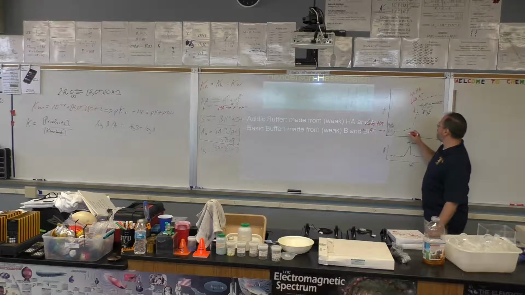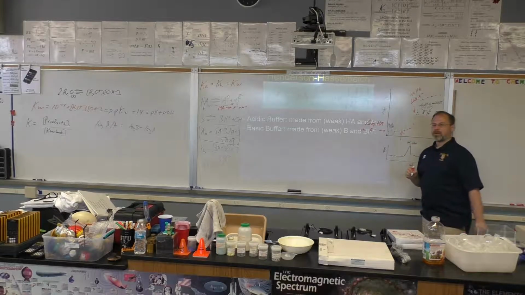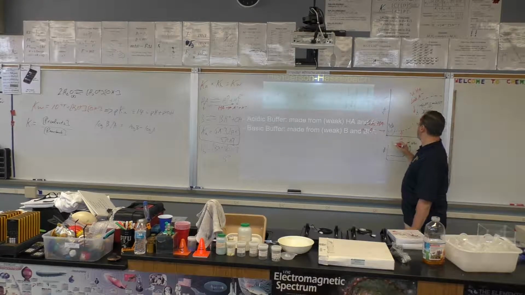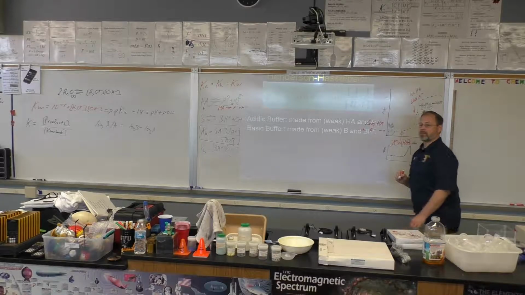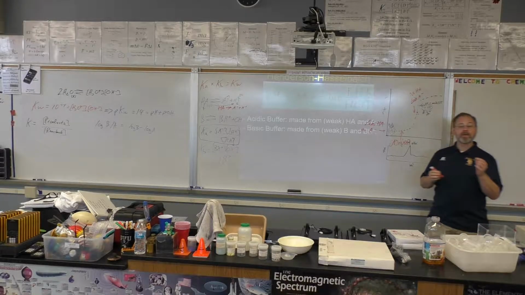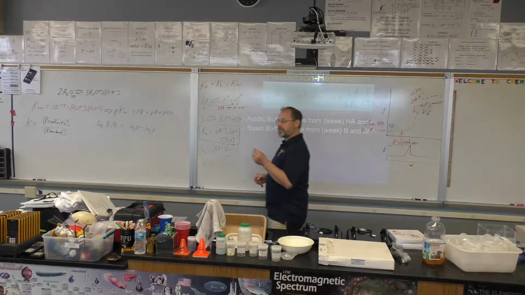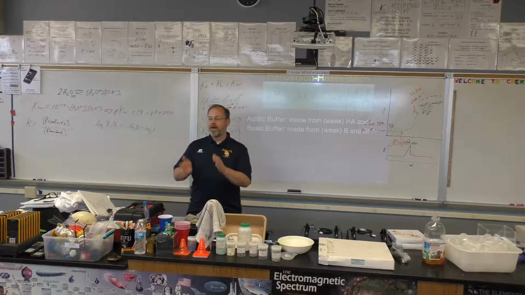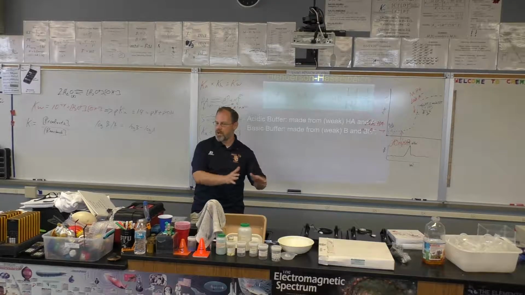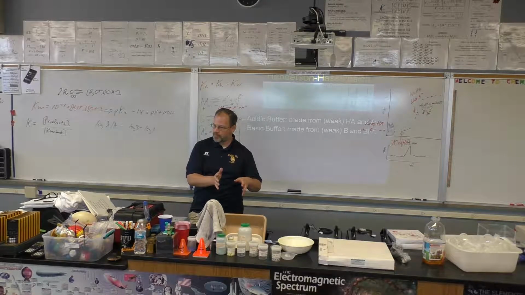And right in between, you have approximately the concentration of A minus equal to the concentration of HA. At half the equivalence point, you have a situation where you have about the same amount of A minus and HA. Does this idea make sense?